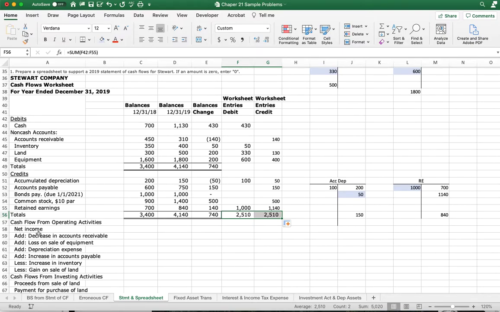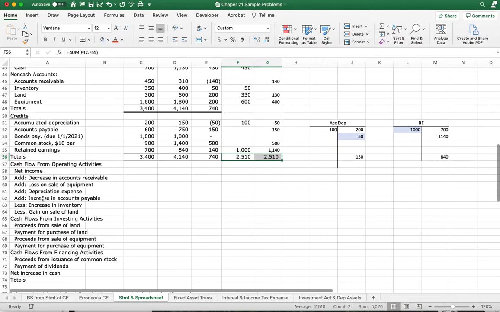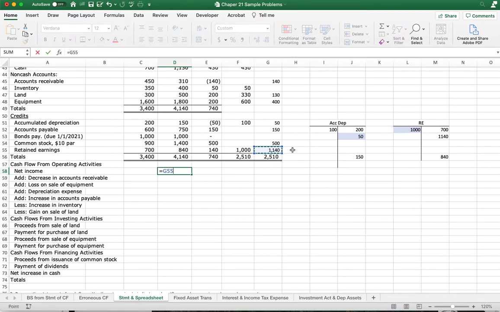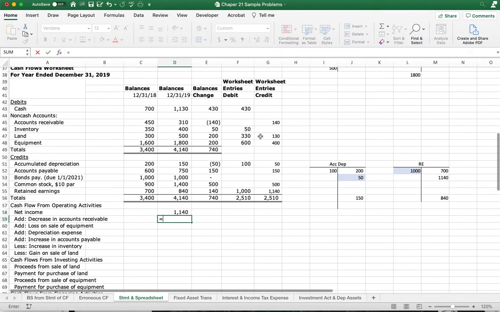And so now that we have this, we can start pulling down into the cash flow from operating activities. And so we start with net income, which is that $1,140 that we credited to retained earnings. Add the decrease in accounts receivable. So we'll come up and reference that.